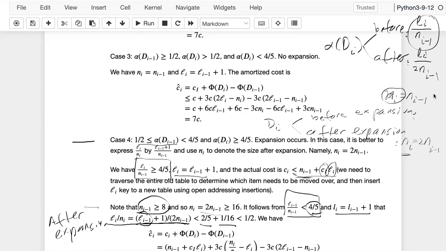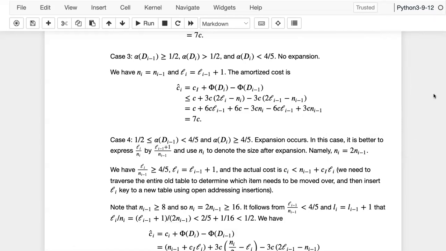Okay, so this is another subtle point. So that means that now we figure out which potential form we're going to use. After the expansion, this load factor becomes less than 1/2.